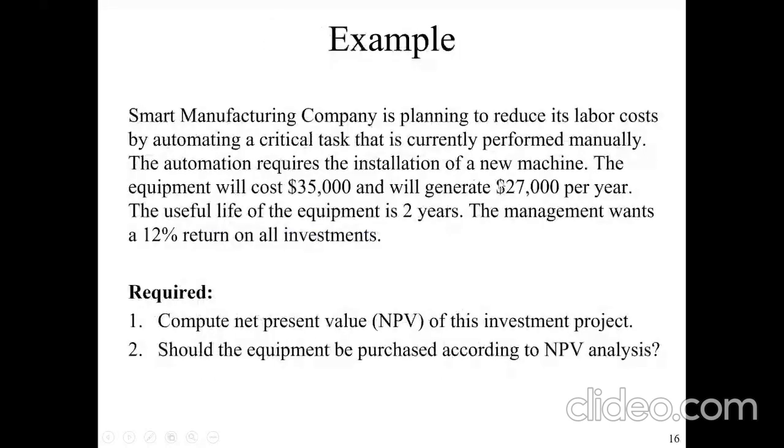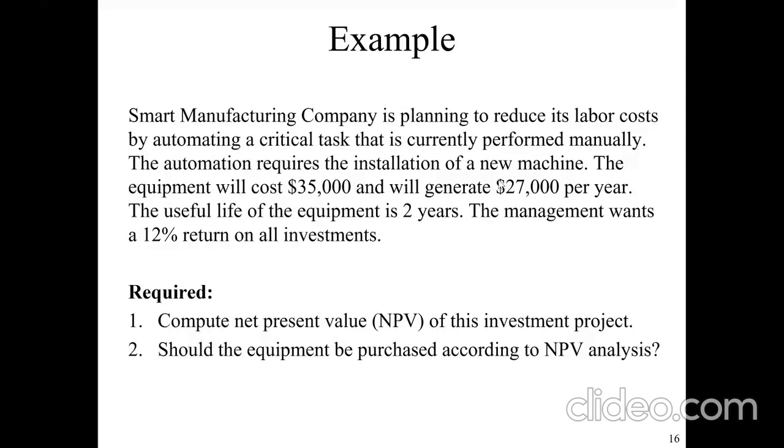So let's see an example here. A company called Smart Manufacturing is planning to reduce its labor cost by automating a critical task that is currently performed manually. The automation requires the installation of a new machine. The equipment will cost $35,000.